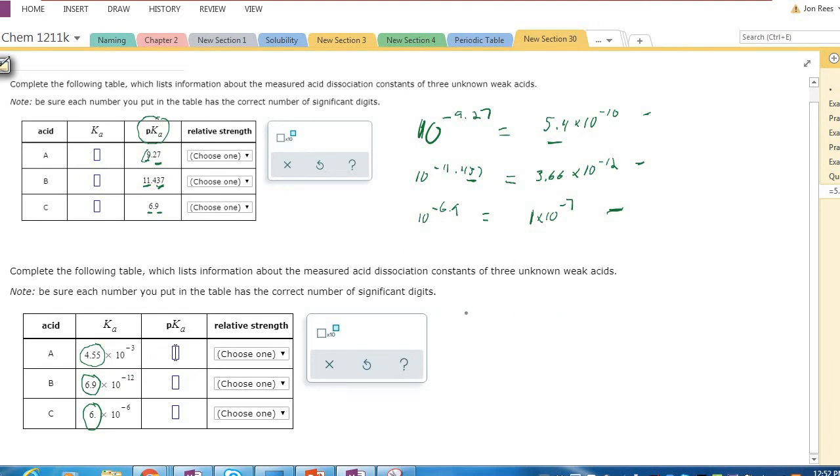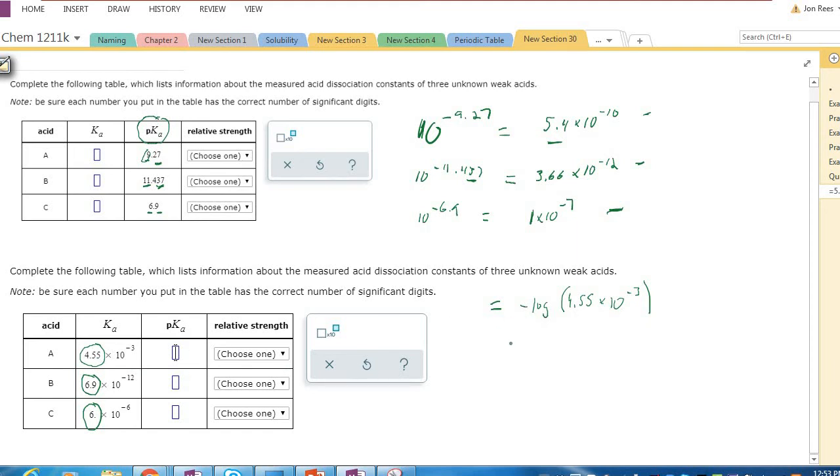Let's just do the first couple here. If I want to figure out the pKa, that's going to equal minus the log of 4.55 times 10 to the negative 3rd. Now, my answer should have 3 sig figs, right? 1, 2, 3.